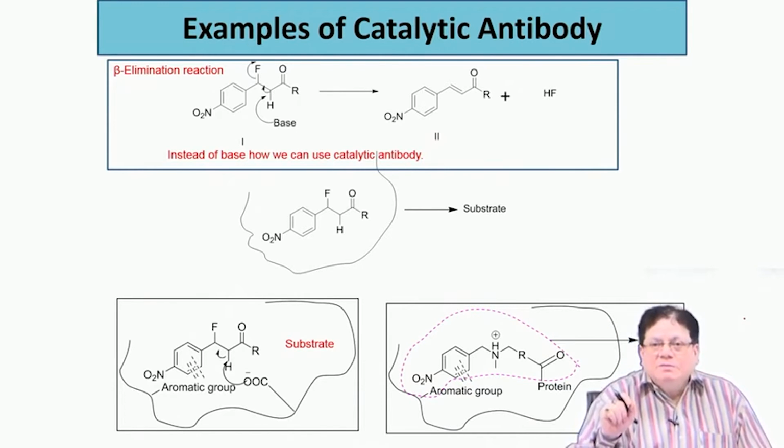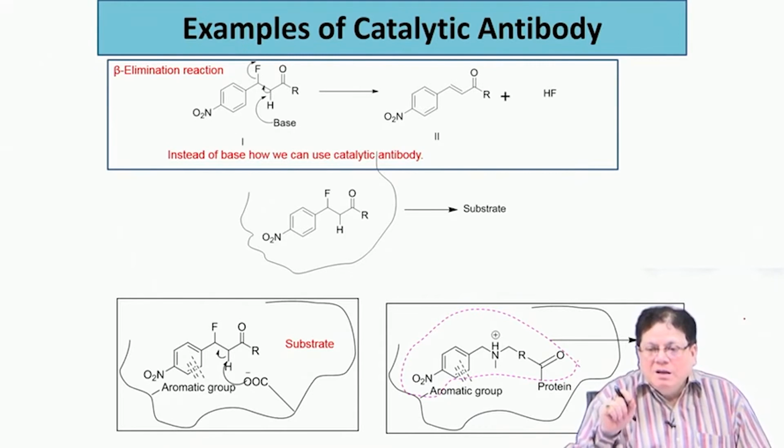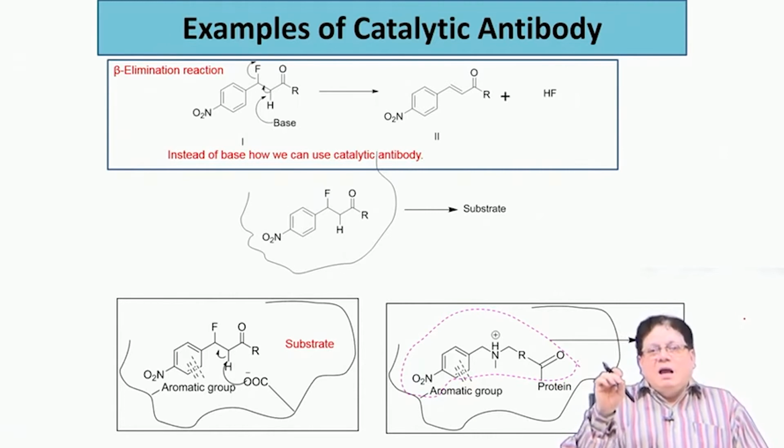Okay. So, the first examples were based on producing the catalytic site in the antibody, because enzymes have a catalytic site, and this catalytic site contains amino acid residues that help in doing the reaction.